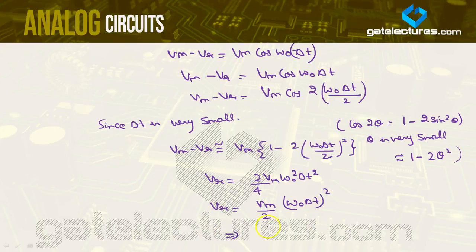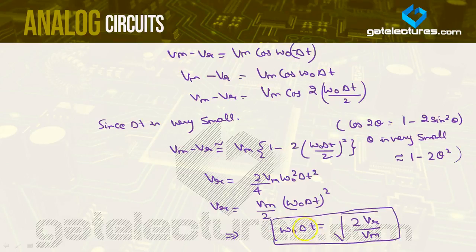And from here this implies that omega naught delta t is equal to square root of 2 Vr by Vm. This is the conduction angle. This is in radians. You should remember that this is in radians, and this is basically the angle of conduction.